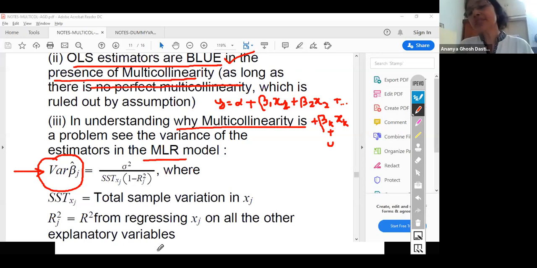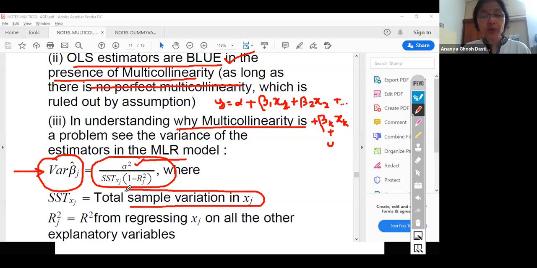Look at the expression for the variance of beta hat j in a multiple regression model. The variance of beta hat j is a function of sigma square. It was also a function of sigma square yesterday, when we looked at the variance of beta hat in the two variable model. Now it's a function of the total sample variation in the x variable.